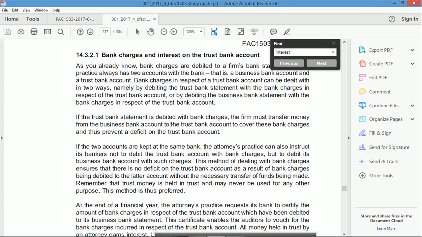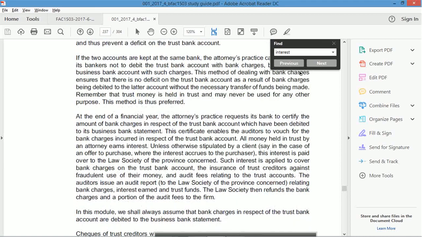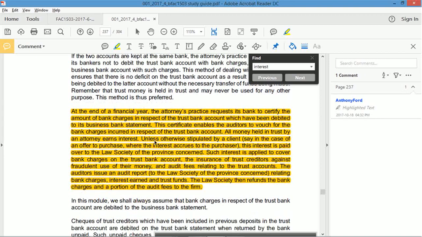All right. Let's see. There we go. Okay, so unless otherwise stipulated by a client, say in the case of an offer to purchase where interest accrues to the purchaser, the interest is paid over to the law society of the province concerned.